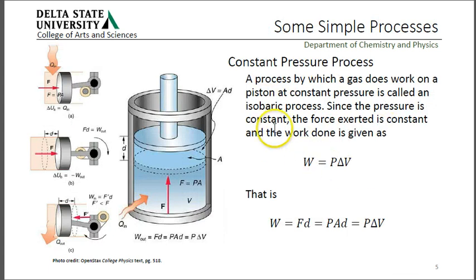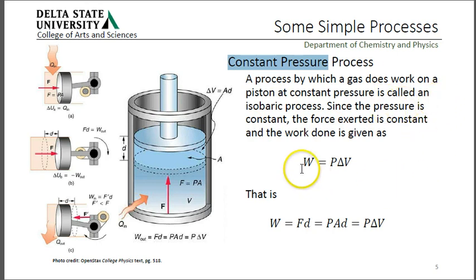A lot of processes that we talk about in thermo are constant pressure processes. A process by which a gas does work on a piston at constant pressure is called isobaric. So constant pressure, isobaric. Since pressure is constant, the force exerted is constant.